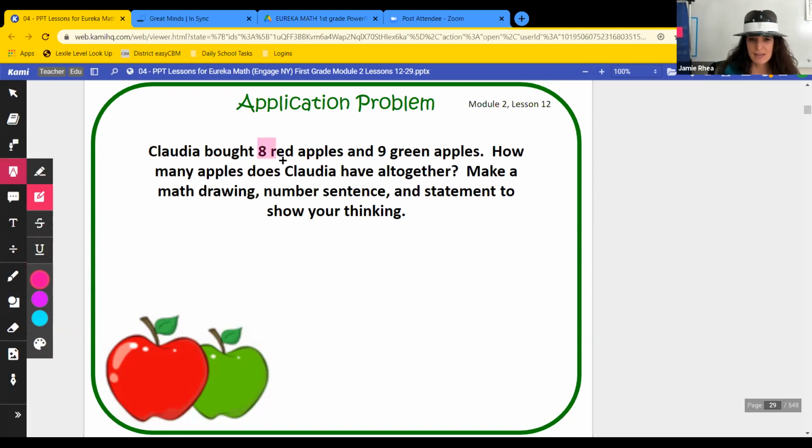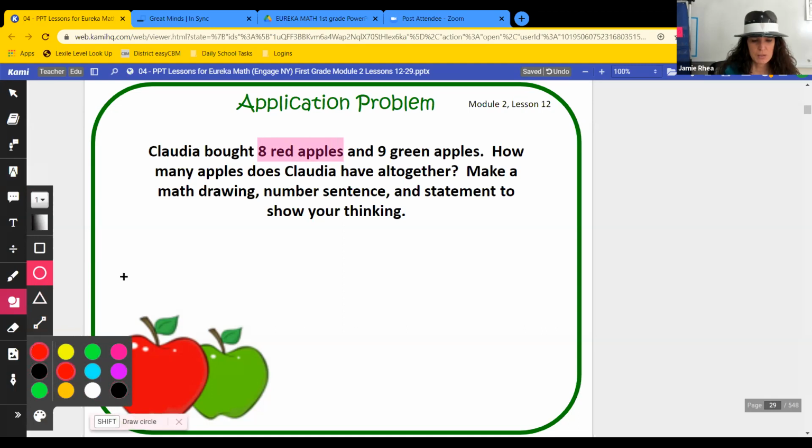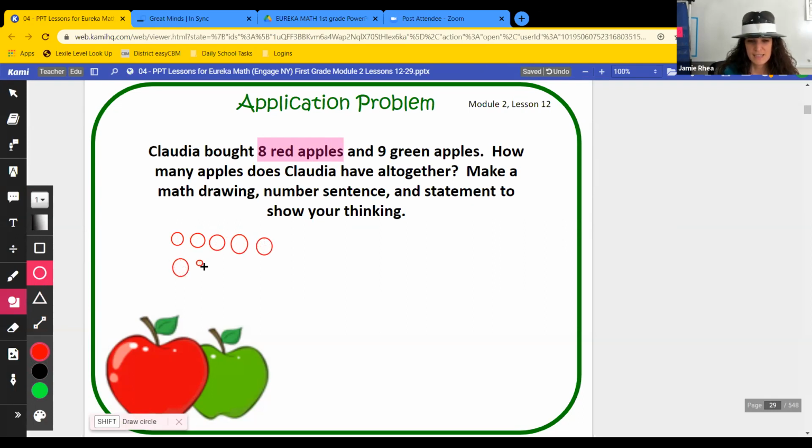She bought 8 red apples. So I'm going to come down here. I'm going to change my color to red and I'm going to draw 8. I'm going to try 1, 2, 3, 4, 5, 6, 7, 8.